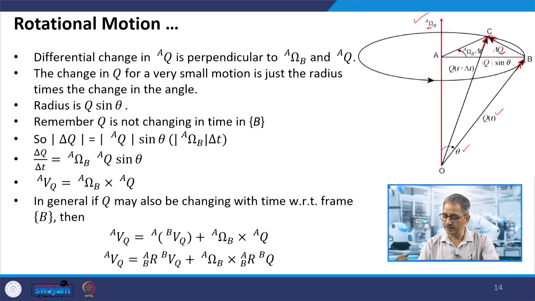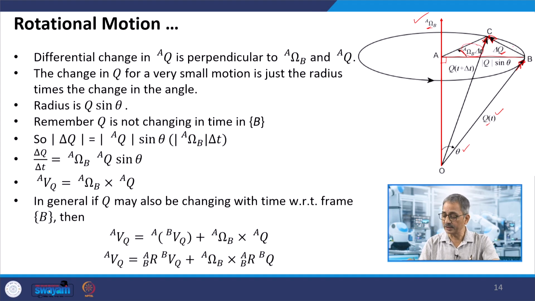And you see here, this AB is going to be what? Since this angle is 90 degrees, this AB is going to be the magnitude of Q into sine theta, because this angle is theta. So, we get this radius as the absolute value of Q times sine theta, and this radius is turning by this much amount.